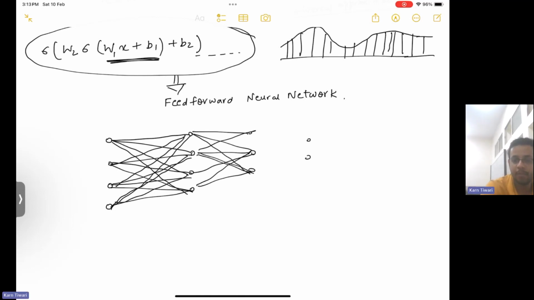We want our model to give a prediction. So this was our input, and this is our output.